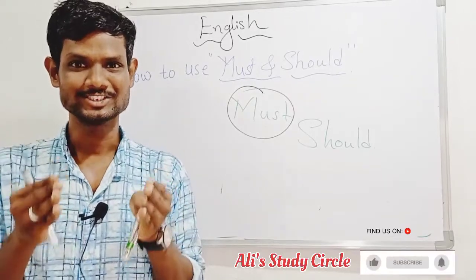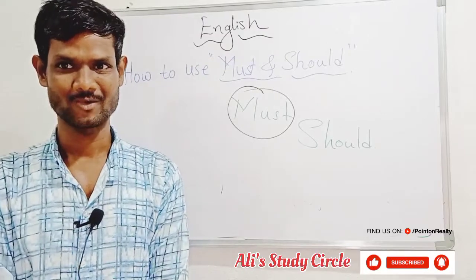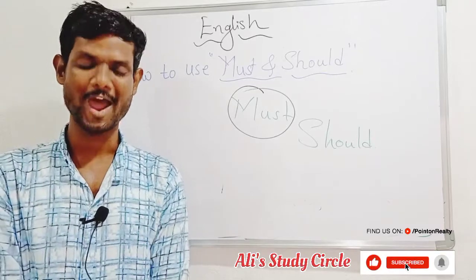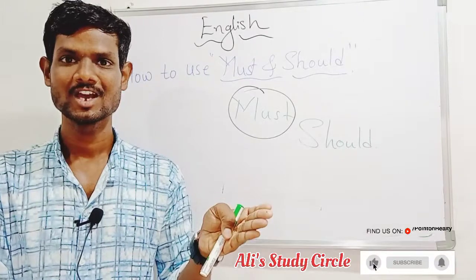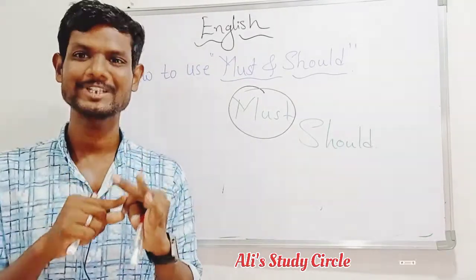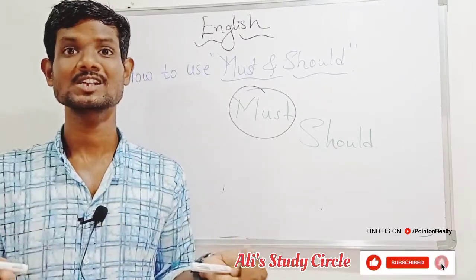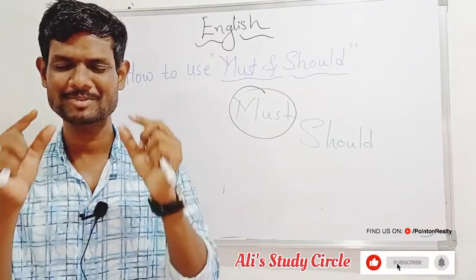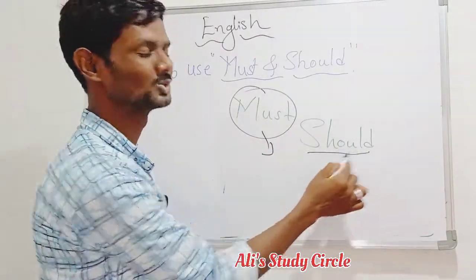Must and should are totally different from each other. Must commonly expresses unavoidable requirement or obligation, and should expresses obligation, probability, advice, recommendation, and also conditional, exceptional moods. This is the brief introduction about must and should.